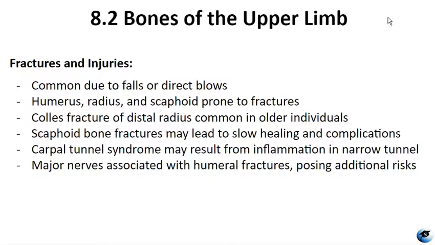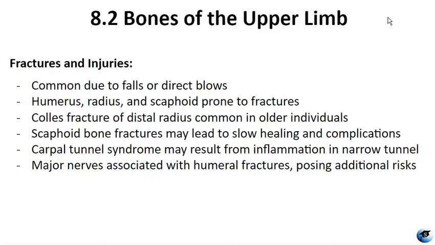Fractures involving the scaphoid bone can be especially problematic due to their tendency for slow healing and potential complications with healing. Inflammation within the narrow carpal tunnel can lead to carpal tunnel syndrome, and this syndrome causes discomfort and impaired hand function.